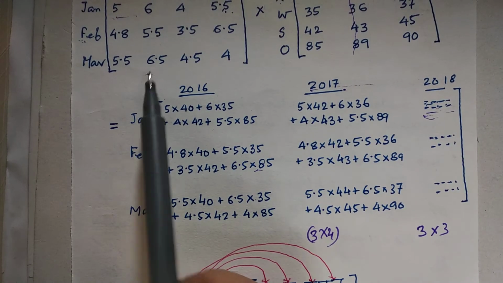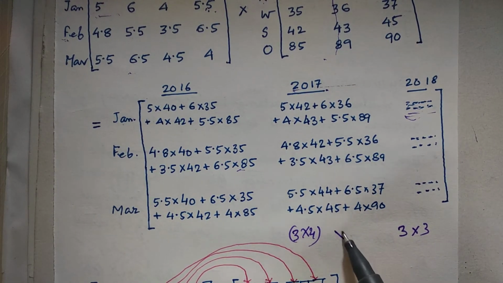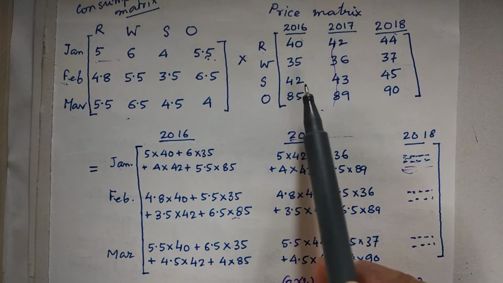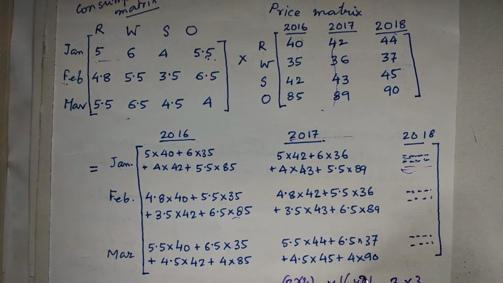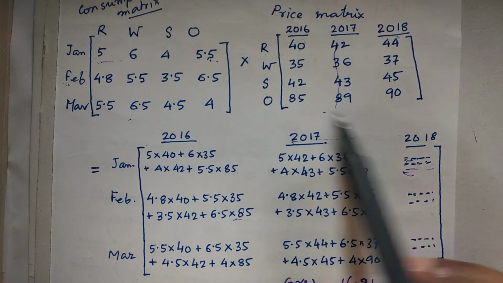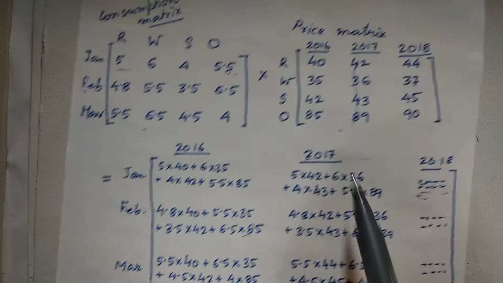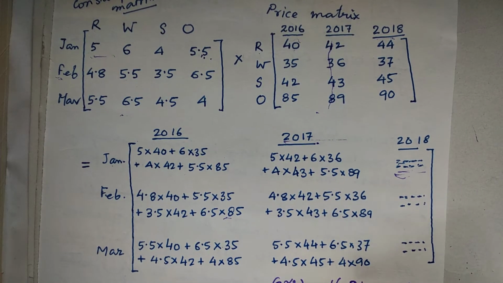This one is a 3 by 4 matrix, and this one is a 4 by 3 matrix, with 4 rows and 3 columns. This one has 3 rows, 4 columns, and this one has 4 rows, 3 columns.